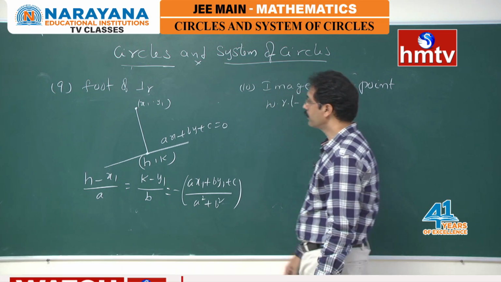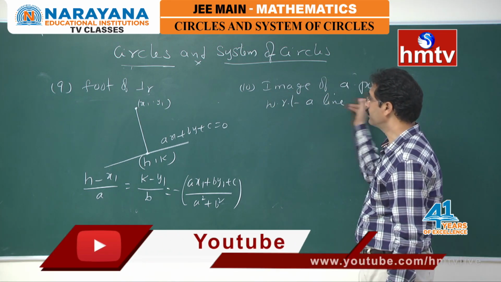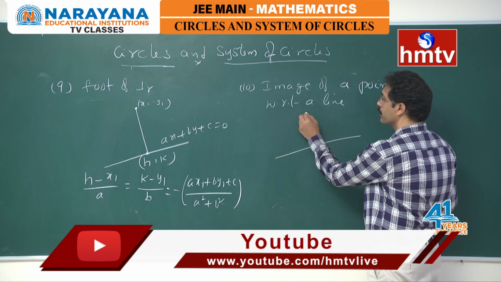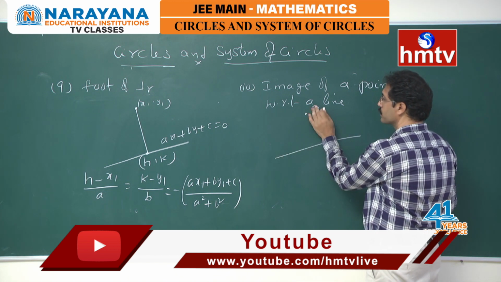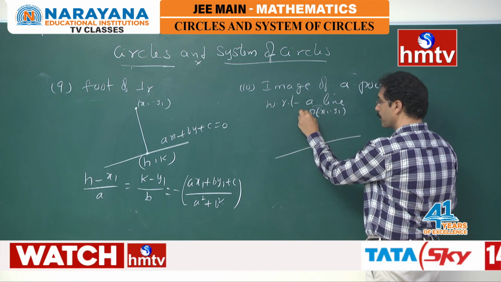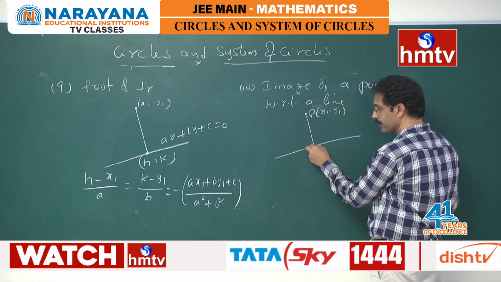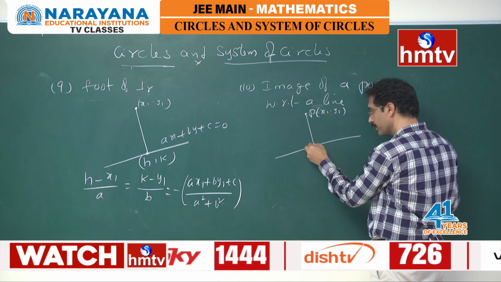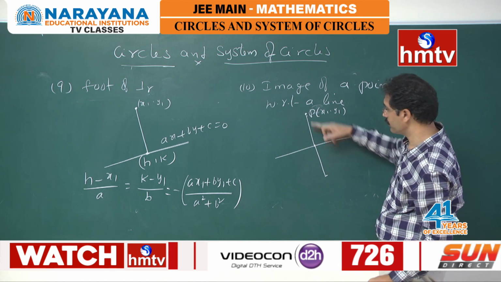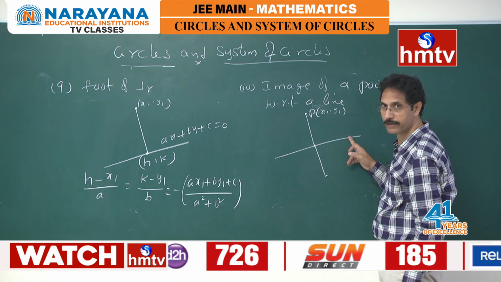Now, to find the image of a point with respect to a line, suppose a point P is taken as (x1, y1). You draw a perpendicular and extend it by the same length. This point is called the mirror image of P with respect to this line.